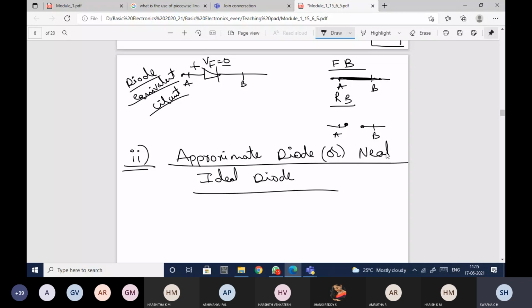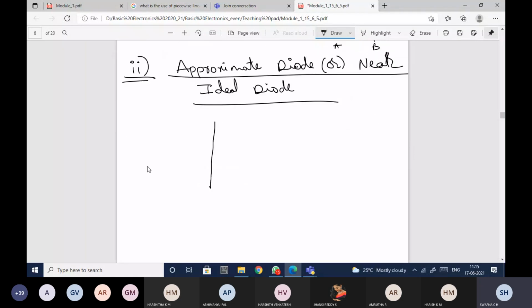It is not exactly the ideal case where the voltage drop across the device is equal to 0, but it is near ideal. In this case, the characteristics will be in this way. This is VF, this is IF, and this is VR, and this is IR.